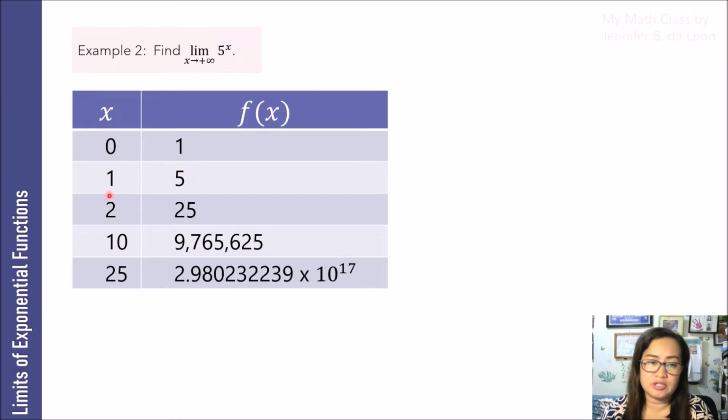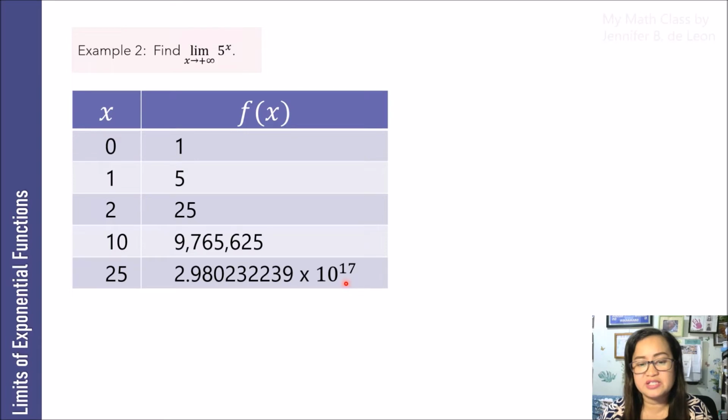If we have 1, we will have 5. If we have 2, we have 25. If we have 10, f of x will have 9,765,625. And when we have x equals 25, we will have 2.980232239 times 10 raised to the 17th power.